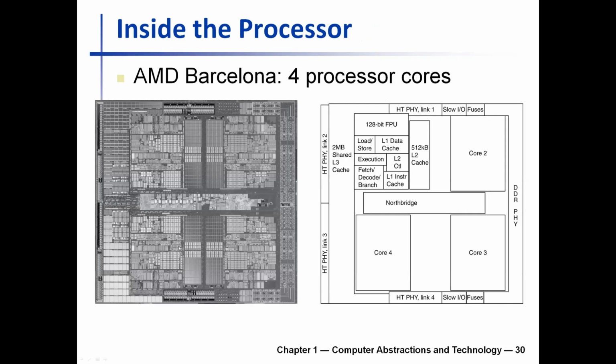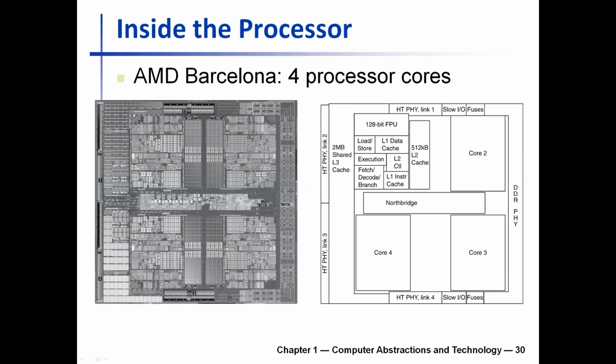So this is a very old model of CPU, AMD Barcelona, which had 4 processor cores, right? This is the actual image of the chip. This is an enlarged, magnified image. The actual size of the chip is much smaller. And this is the layout on the right hand side. You can see you have 4 processor cores.